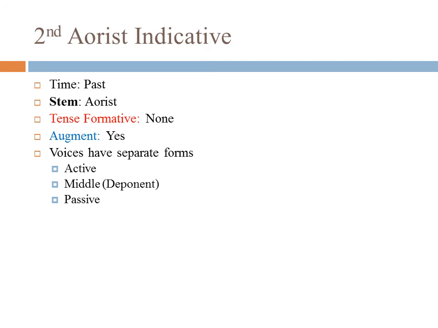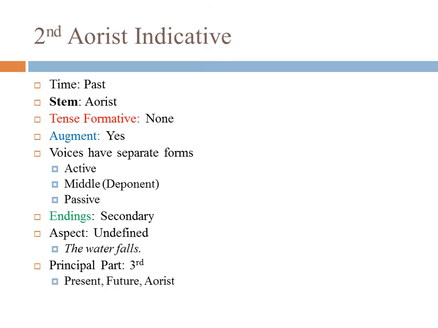And the voices have three separate forms. Unlike the imperfect, which had active, middle, passive, the aorist will have active, middle, and passive. The endings are secondary, and the aspect is undefined. The water falls, rather than the water is falling. It's the third principal part: present, future, and aorist.